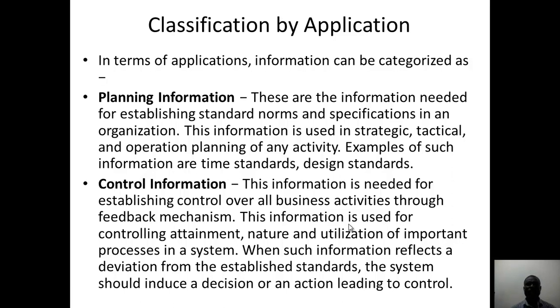So this helps you to set the standard and plan ahead of whatever you're coming to do. Then we have control information. This information is needed for establishing control over all business activities through a feedback mechanism. Like I told you, you are working and you need to be able to control how the operation is being managed.